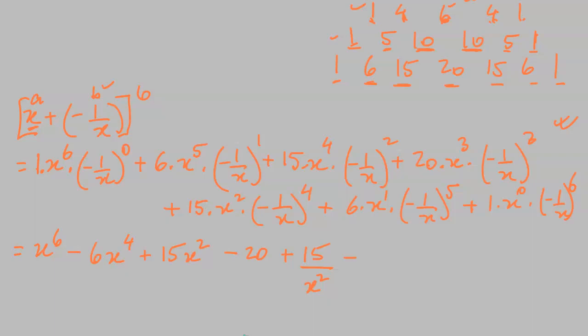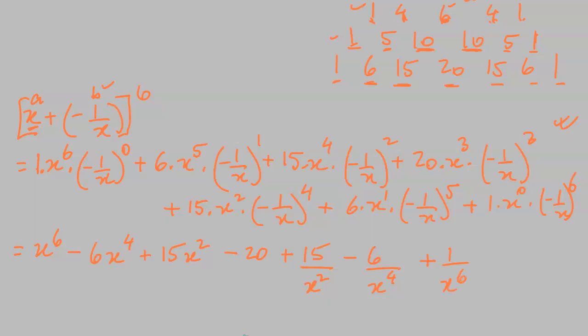Second last term, 6, minus 6 rather, x to the power of 1 and negative 1 over x to the power of 5. So negative x to the power of 4. And finally, 1 times x to the power of 0 is 1 and negative 1 over x to the power of 6 is 1 over x to the power of 6.